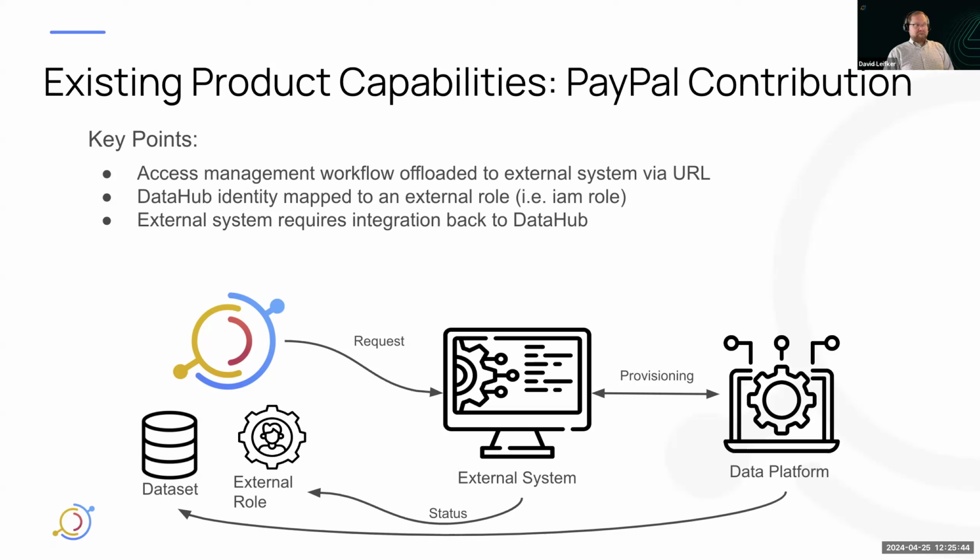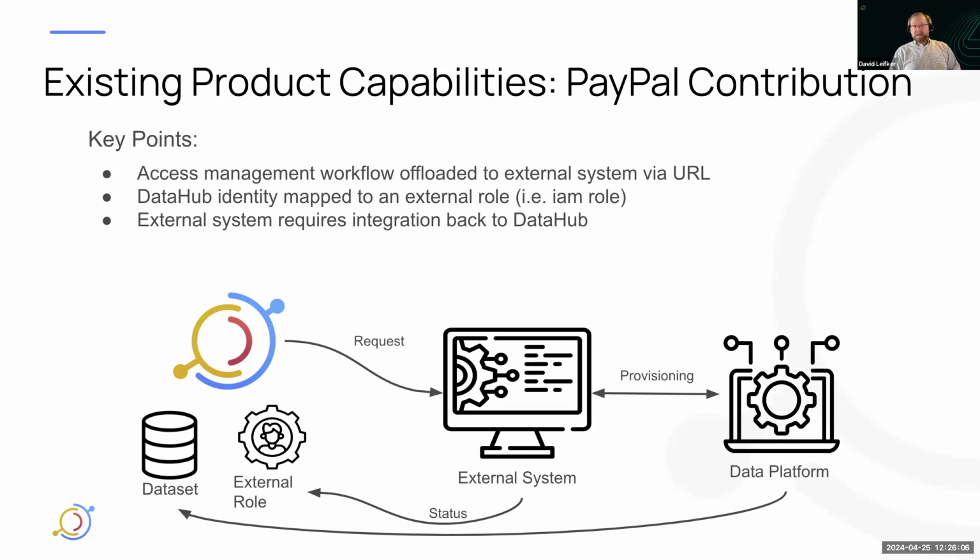This might be useful if you already have an existing external system which is already managing your requests. The external system is responsible for provisioning access to that IAM role, and then it's also responsible for updating the status, the fact that it was provisioned, back into DataHub.